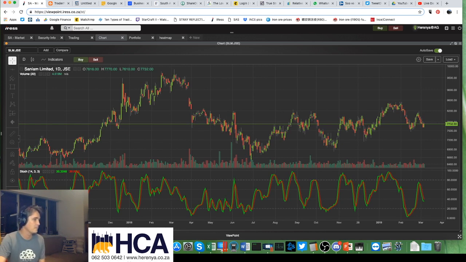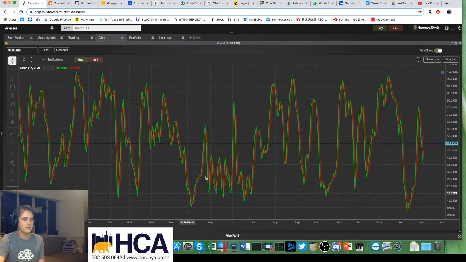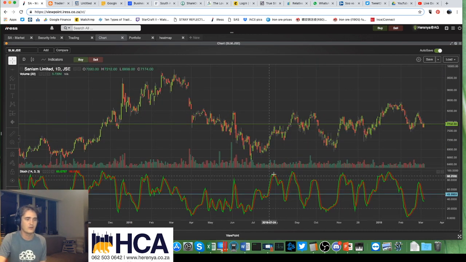So what we do here is we again look at overbought, oversold positions. We again look at support and resistance around the midpoint, around the 50 level, and we again look for overbought, oversold triggers, this time from the 20 and 80 levels.